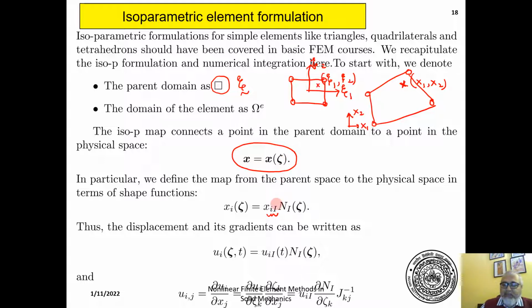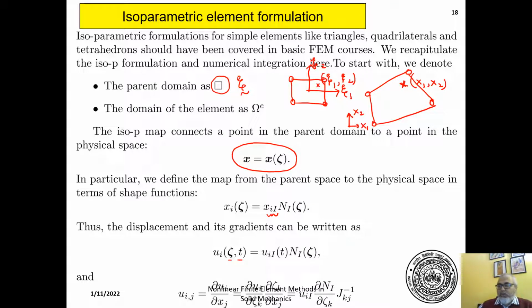So Ni are shape functions which are now functions of zeta, and in the isoparametric formulation the displacements are also interpolated in the same way as the position. Therefore ui, the displacement in the ith direction at a point in the parent zeta at a time t, is interpolated from the nodal values at time t times the shape function.